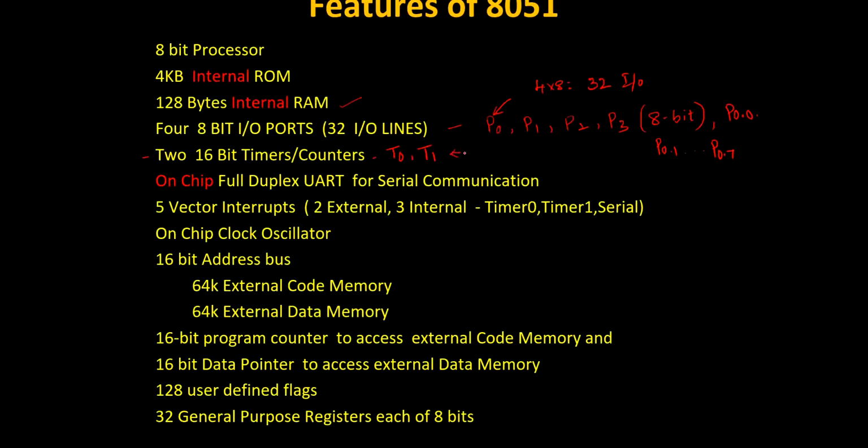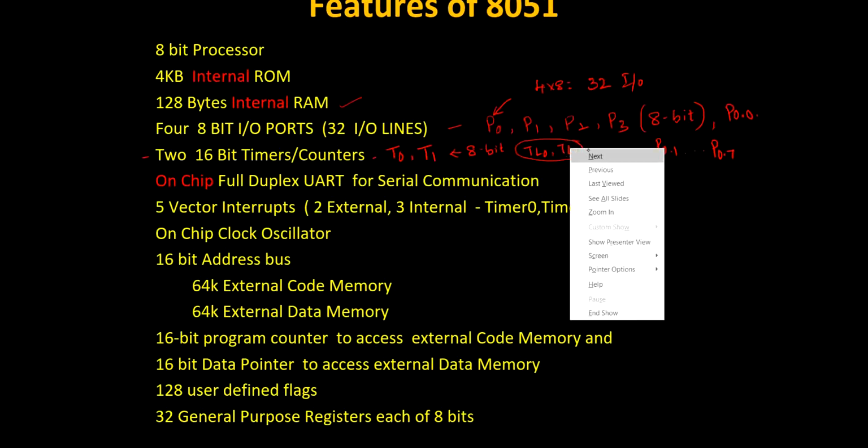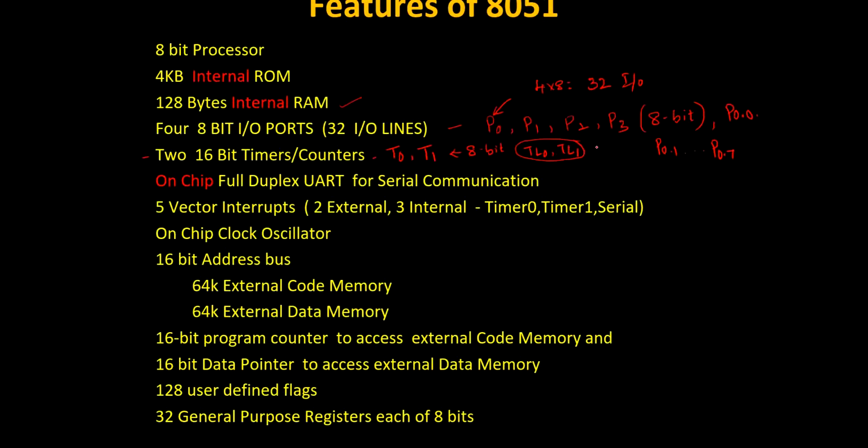These we can use as 8-bit also, so we refer to them as TL0, TL1, timer low, and similarly TH0, TH1, timer high. These registers are 8-bit registers. Combined, we can work with 16-bit.